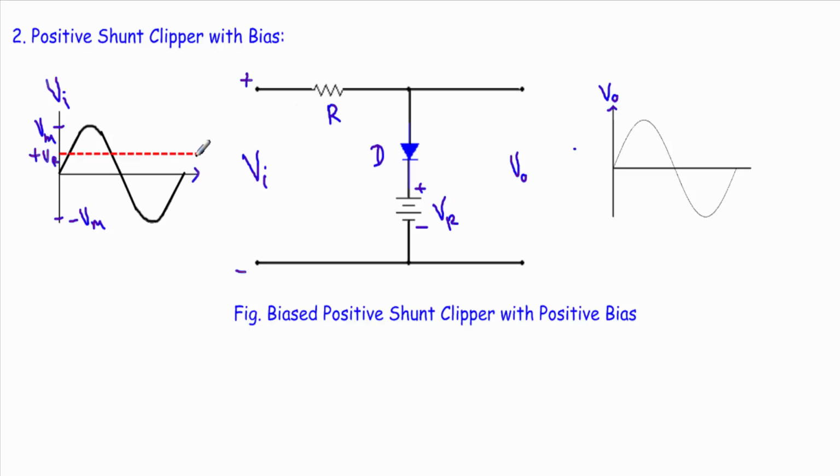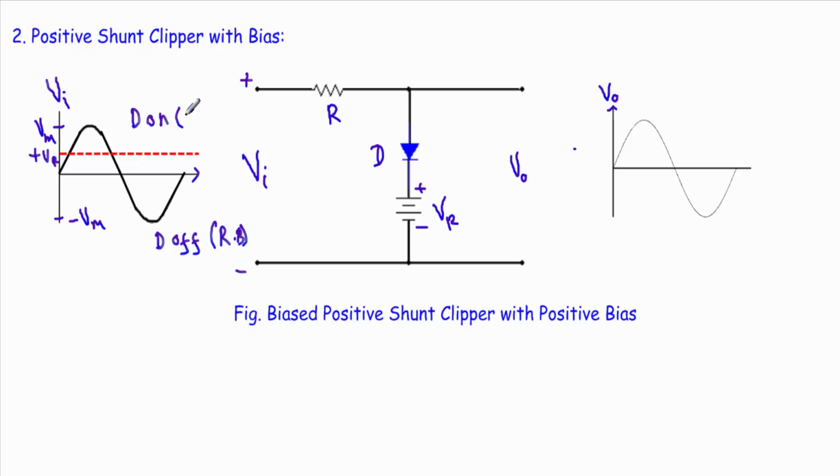Now see, the value of input voltage above this transition voltage will drive the diode in forward bias. So in this region diode will be on, and for the value of the input voltage below this transition voltage, our diode will be in off state or in reverse bias.